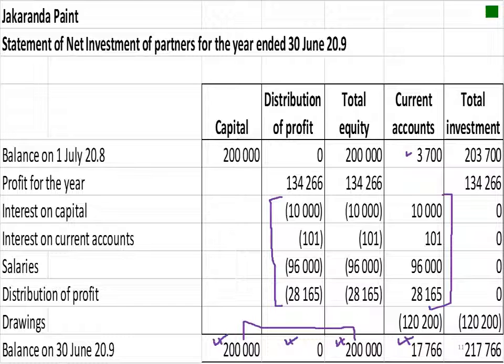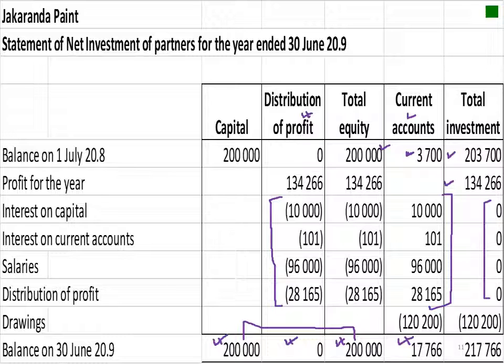So if you look at your total investment column, here we started off with the capital account and the current account balances added together. We've added to that the profit for the year. The distribution of profit in the net investment column total actually comes to 0, because what happened here is we took it out of the distribution account and we credited the current account.